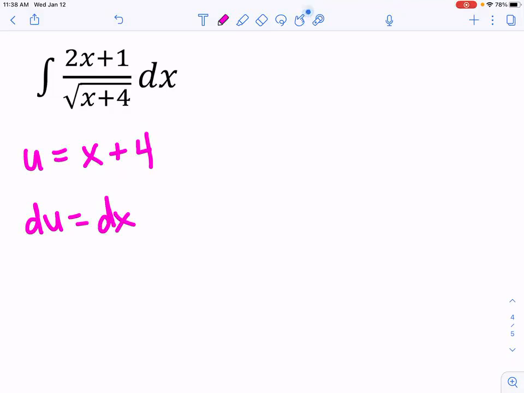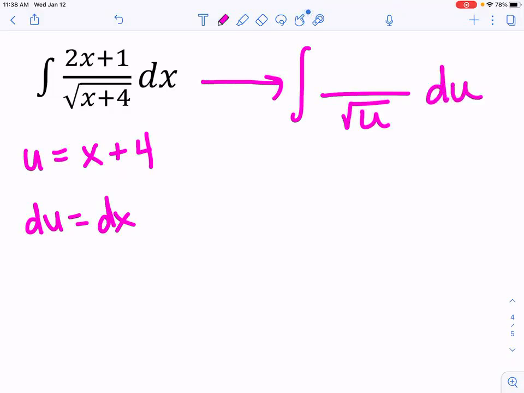All right. So when we go to rewrite this, we have the square root of u in the denominator, dx is du. We have 2x plus 1, but we can't have x because we've changed everything to u's. If we rearrange this expression right here, Austin, what is x the same as? u minus 4.